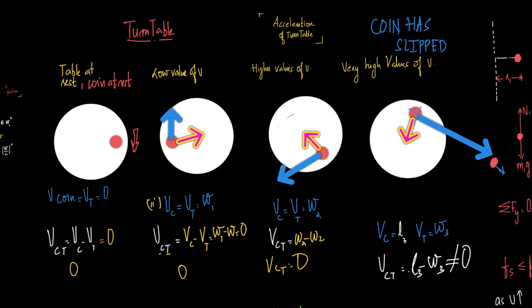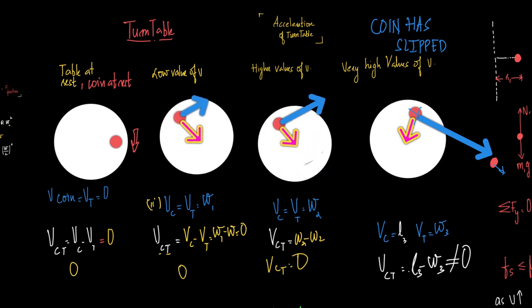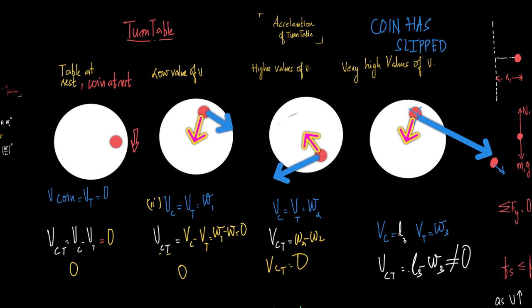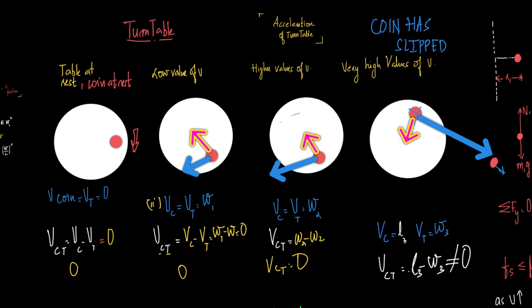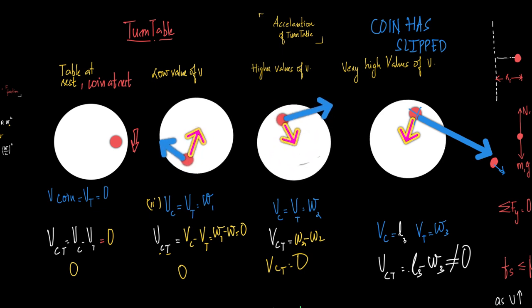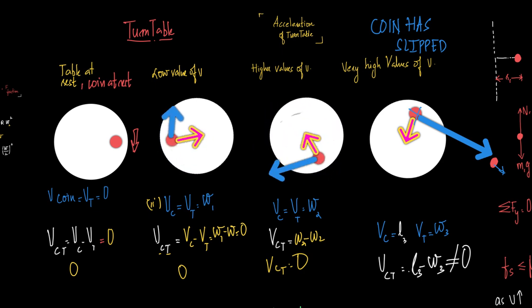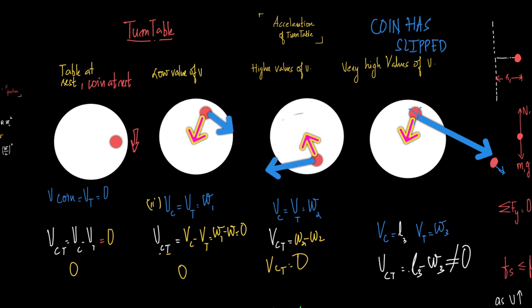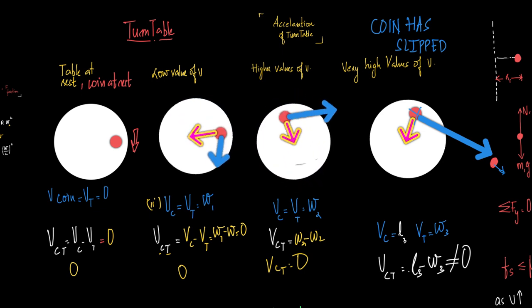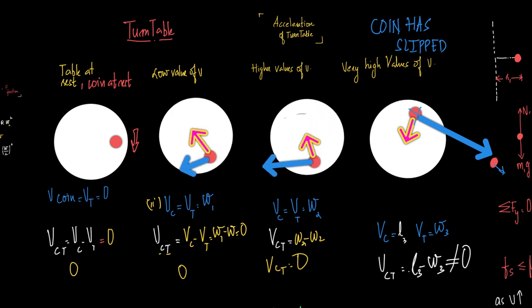I took a long time to explain this, but I wanted you to visualize the concept here, because if you don't visualize things, you won't be able to make your concepts clear. All right. So what does it mean when the coin has slipped? It means that there is some relative velocity between the coin and the table. All right. So that was about slipping.